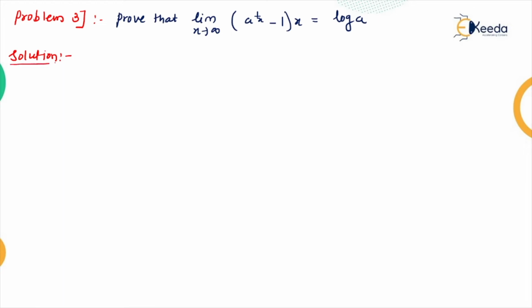In the previous example we saw how to solve this kind of example. Let us consider the given limit as L. So L is equal to the limit as x tends to infinity of (a raised to 1 by x minus 1) into x.